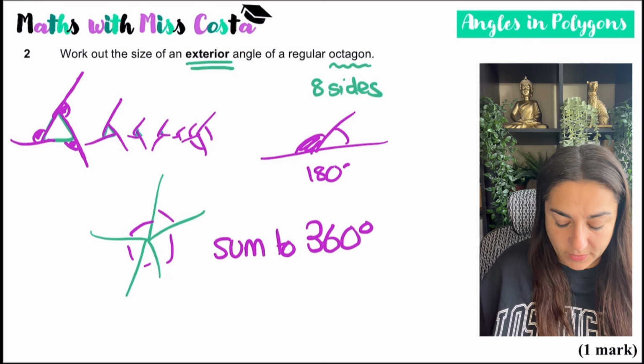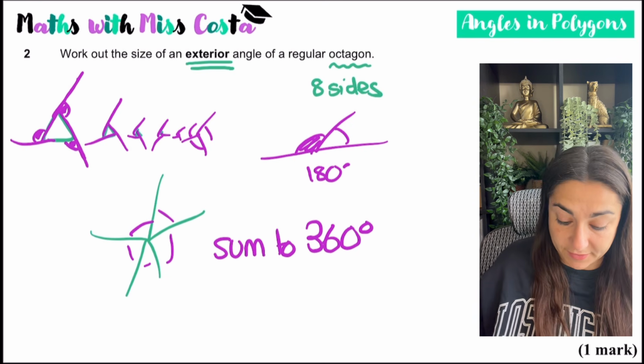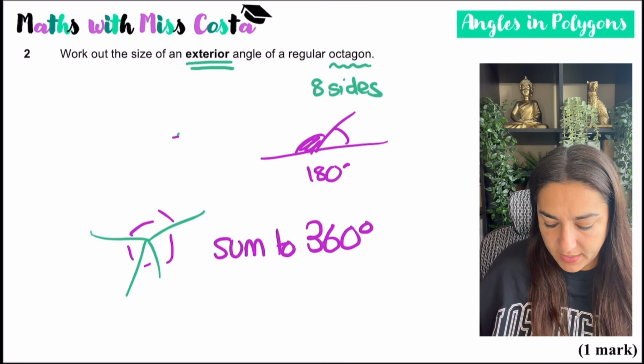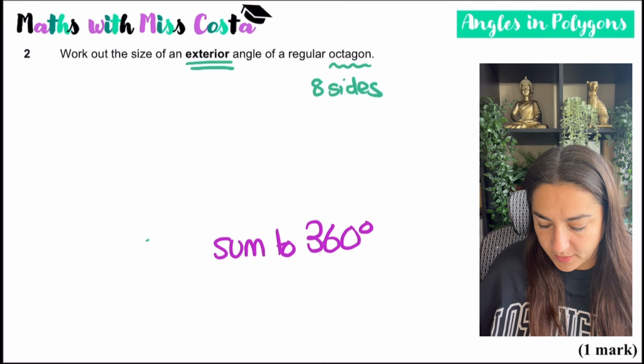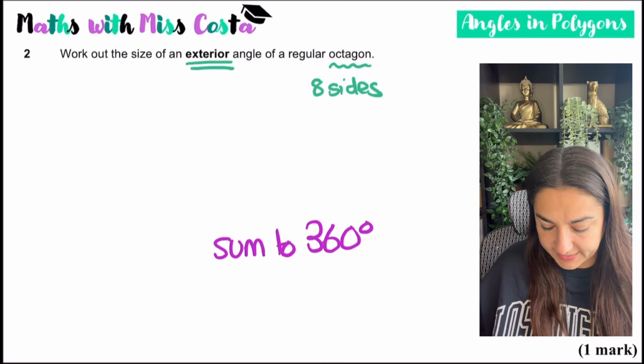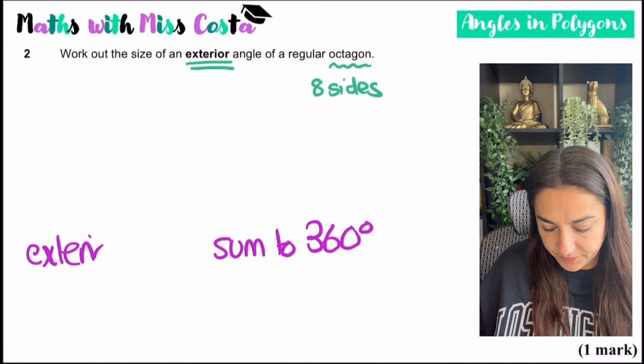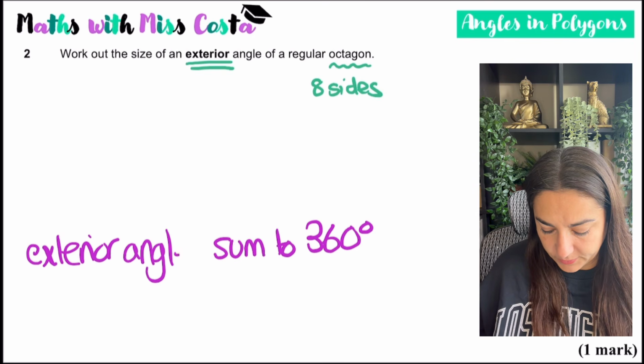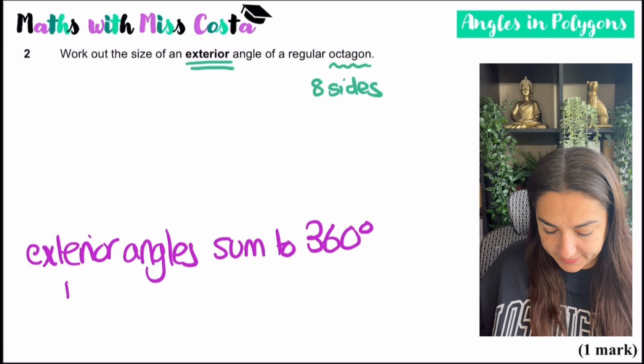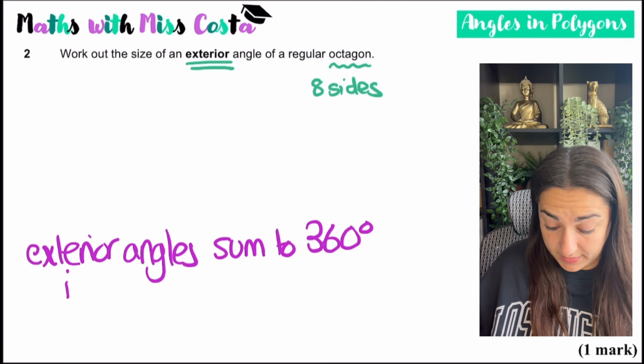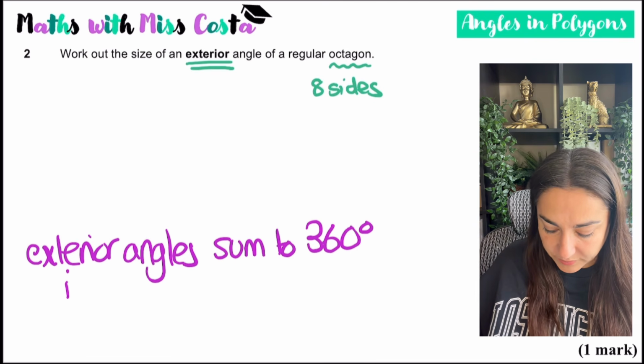So that's why all exterior angles of any shape are going to sum to 360. So exterior angles sum to 360 in any polygon.